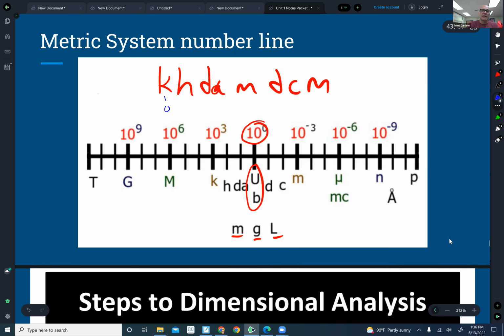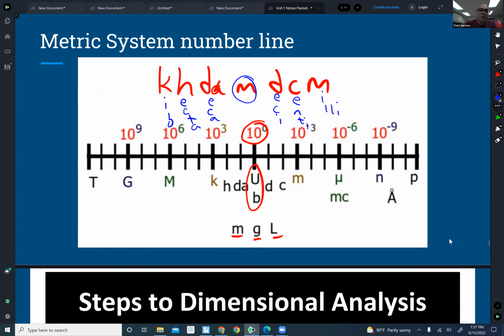So we have kilo, whoops, try that again. Kilo, hecto, deca, meter, this is the base unit, and then we have deci, centi, and milli.